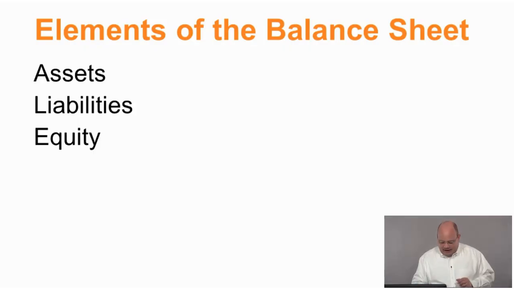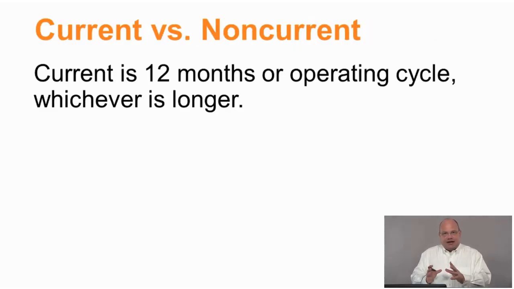Now, assets and liabilities are presented on the balance sheet as current assets and non-current assets, and current liabilities and non-current liabilities. The distinction, the way we know whether it's current or not, is this. If it is 12 months or the operating cycle, whichever is longer, that's going to be a current asset or liability.